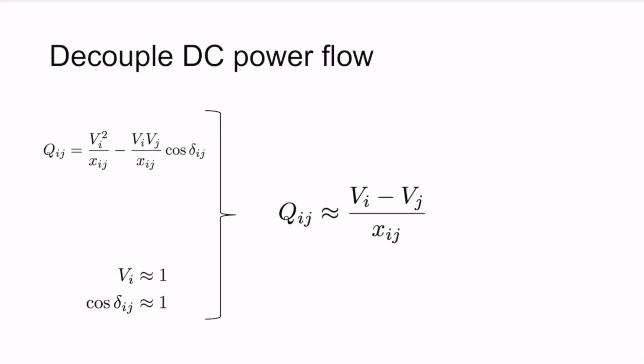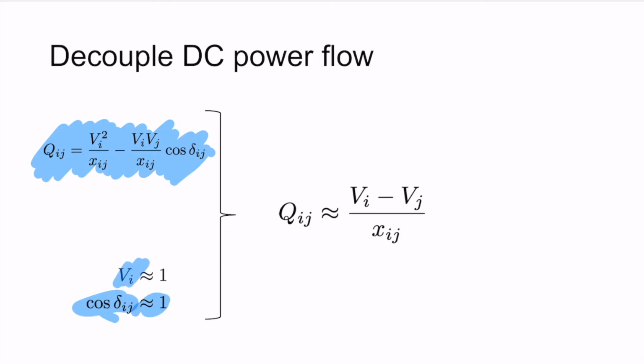We can do something similar for the reactive power. For reactive power, after crossing terms related with the resistance and shunt elements, we have this. Let's consider also the first order approach of the cosine of delta ij is approximately equal to 1.